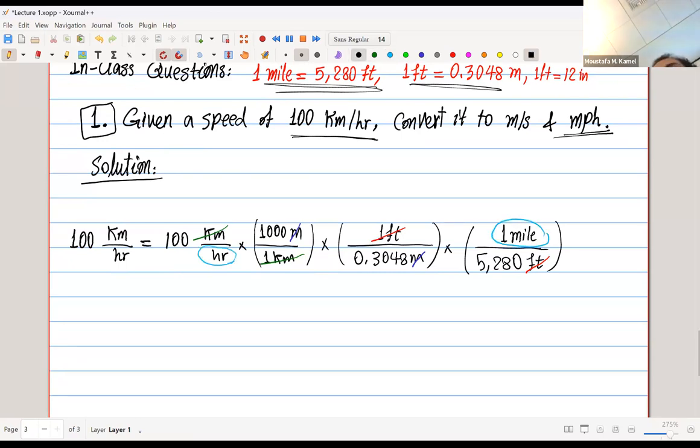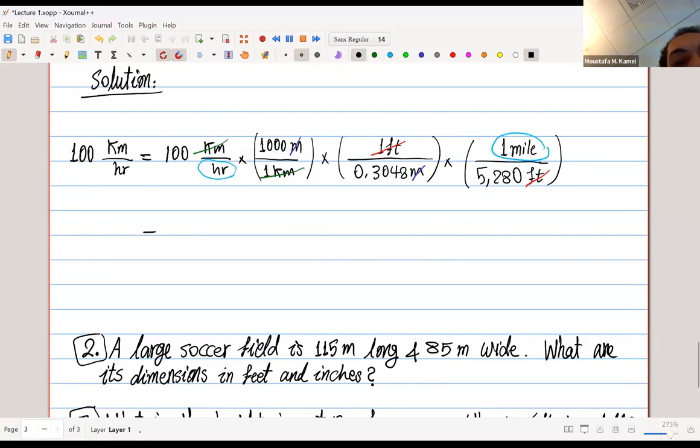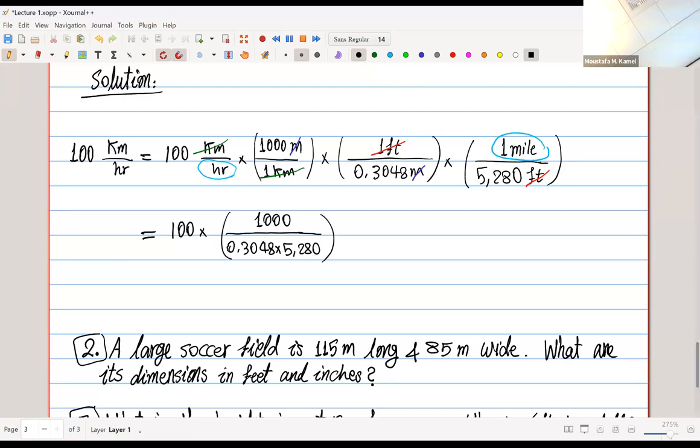And I multiply all the numbers together. So this is just 100, the original 100 that we have, times 1,000 over 0.3048 times 5,280. So this is the big conversion rate that takes kilometers per hour to miles per hour.